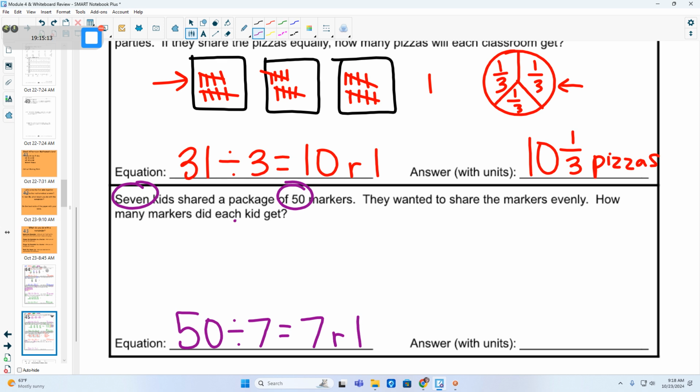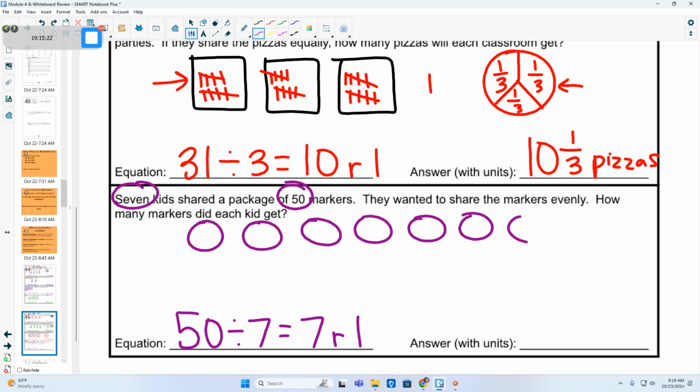If you don't understand that, don't forget, you could draw. And you don't even have to draw like people. You could draw like, here's 1 kid, 2, 3, 4, 5, 6, 7.